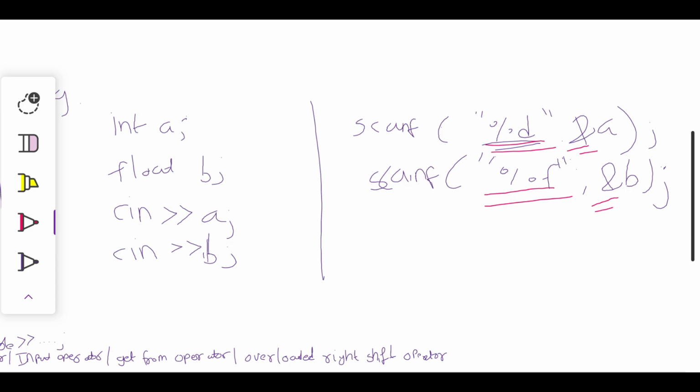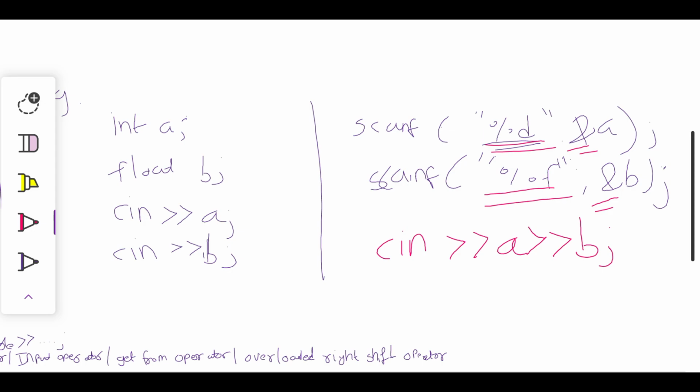So these two operators, format specifier and we can say it as conversion characters, are not needed compulsorily in the C++ programming language. So you can also read the values of a and b by using a single cin.